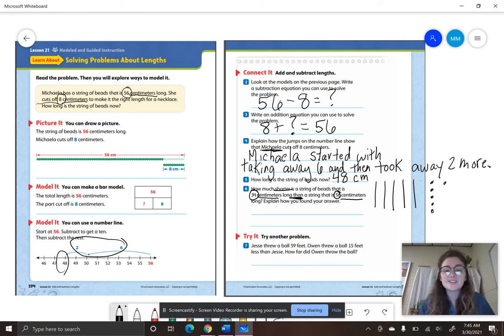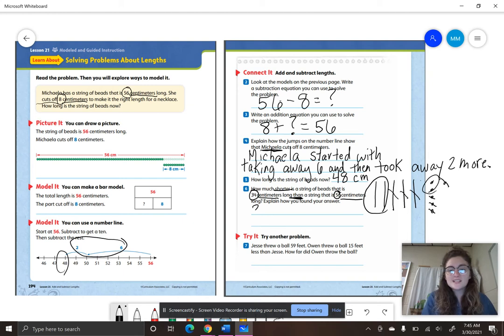We're taking away 34. So let's start with taking our ones away. 1, 2, 3, 4. And our tens, how many tens are we taking away? 3 tens. 10, 20, 30.